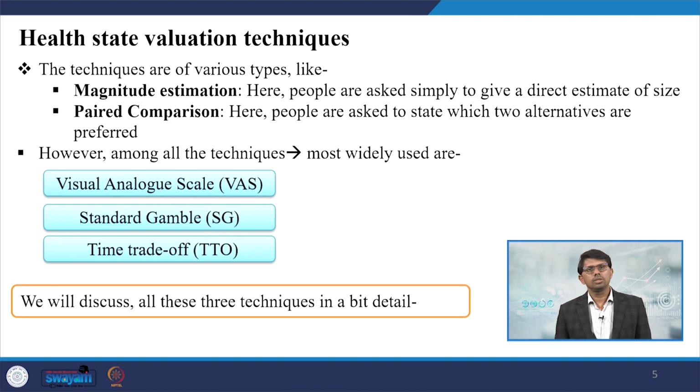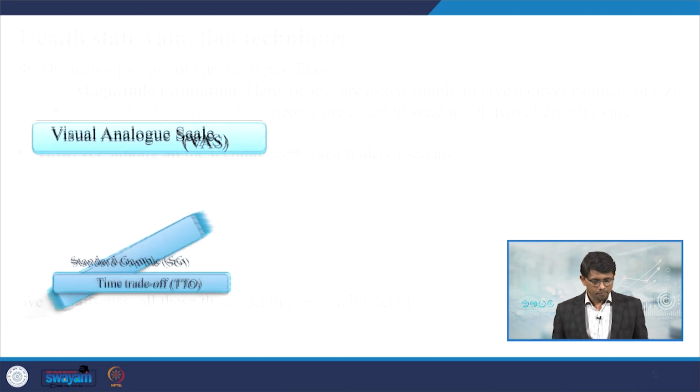However, the most widely applied techniques are visual analog scale, standard gamble, and time trade off techniques. So, these three will be discussed in detail.